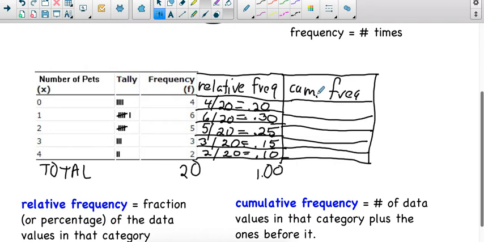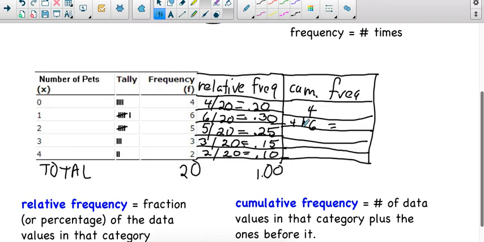When I'm doing cumulative frequencies, I'm just adding the first one into the next column. So this first one starts with 4. And then I'm going to have 4 plus 6.